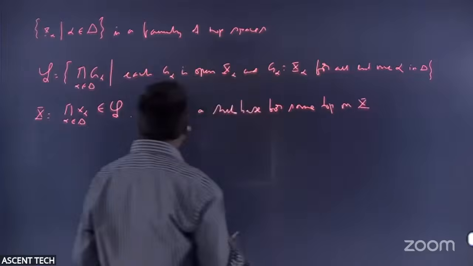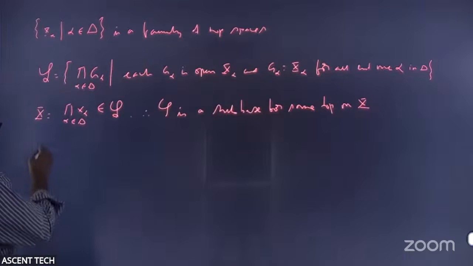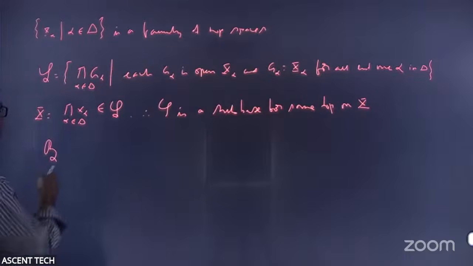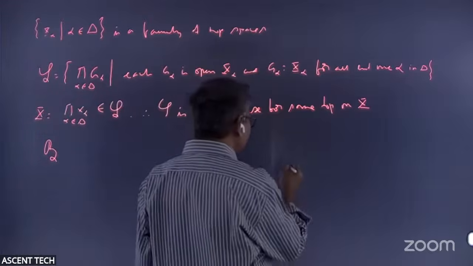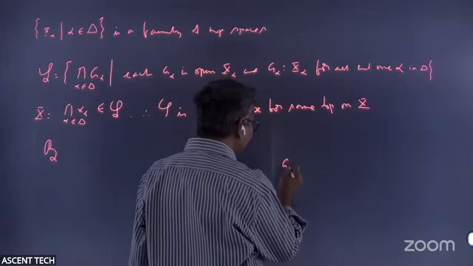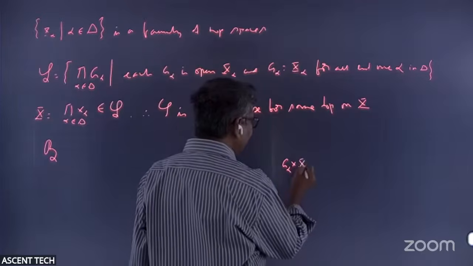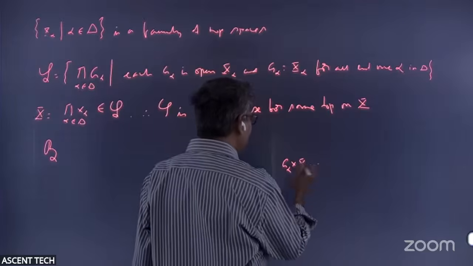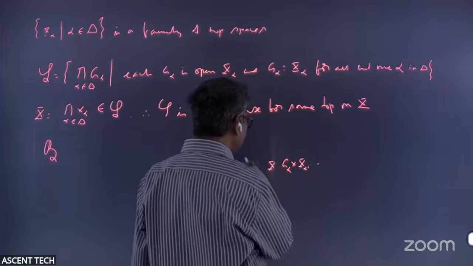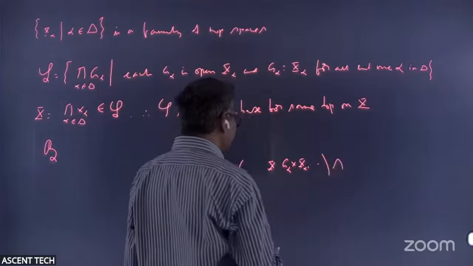Of course, what is the base for that? The base B is the finite intersections of these things. If I take G alpha, everything else is X with some suffixes, and so on.